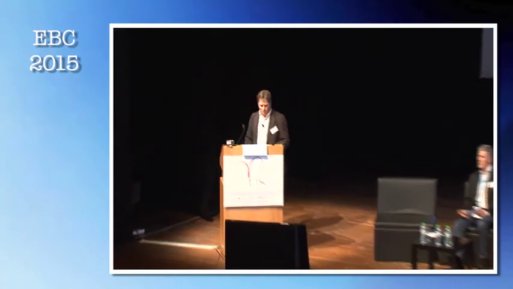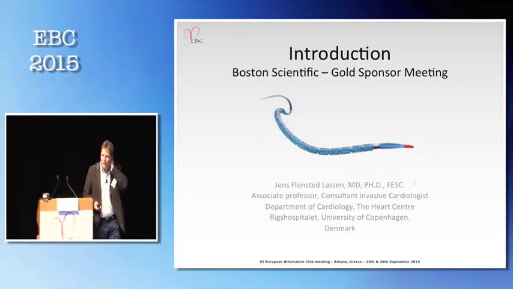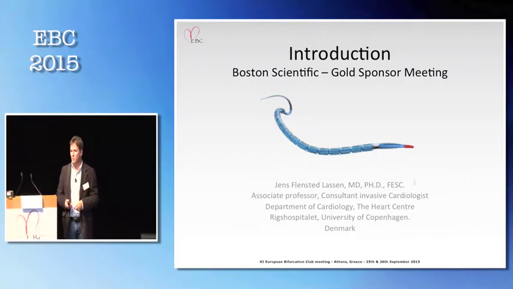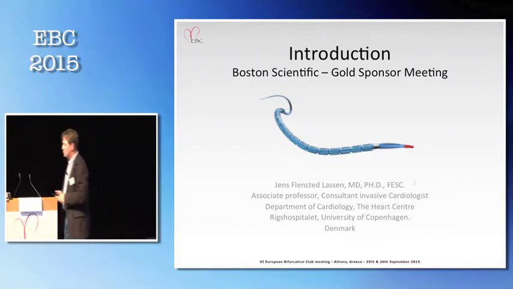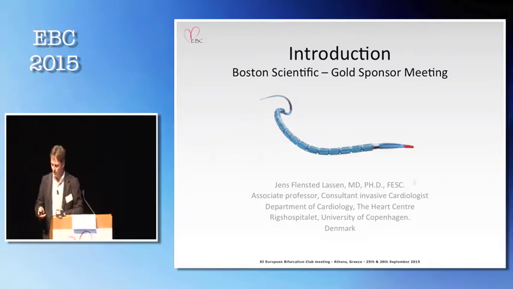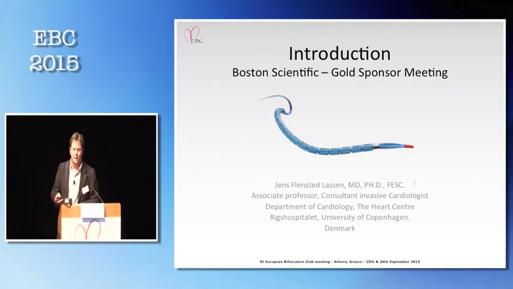We need to get up to speed. We are very interested in having a discussion on how we use the devices when we are going to do bifurcation. What is the capability of a good workhorse when we're doing PCI?